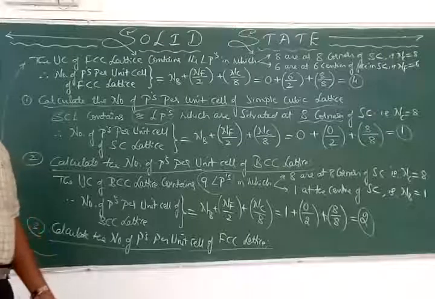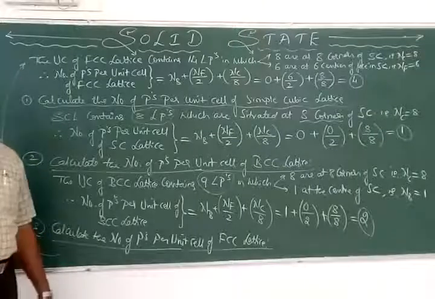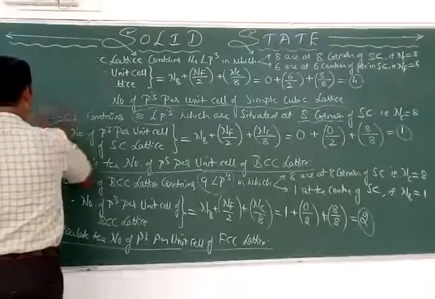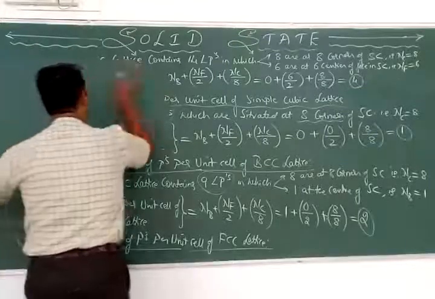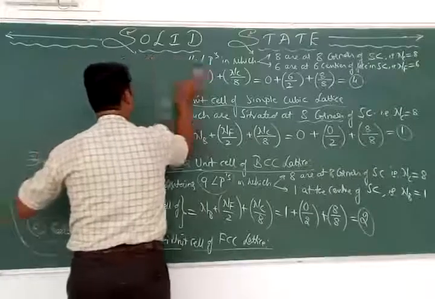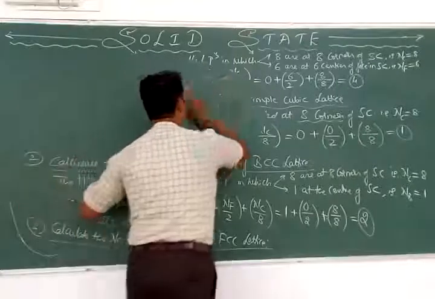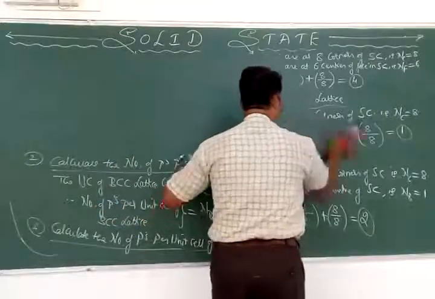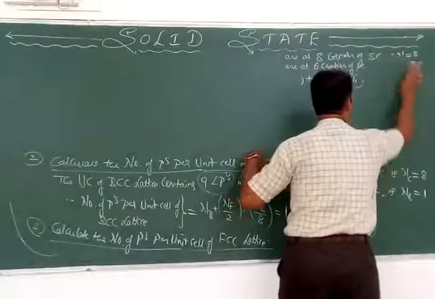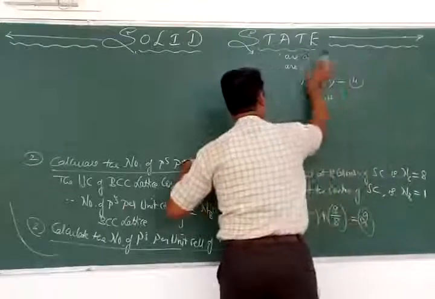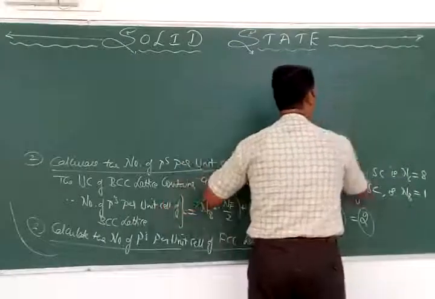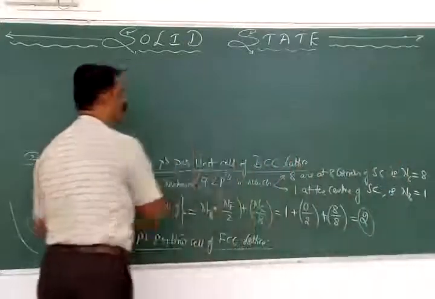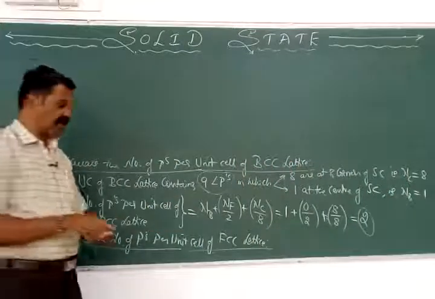First, you have to make it very clear: don't confuse the number of particles with the number of lattice points. The number of lattice points is always fixed. These are the fixed positions for the particles. But the number of particles varies with respect to the cubic unit cell.